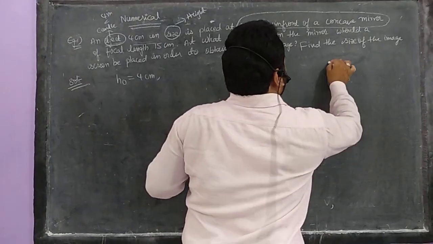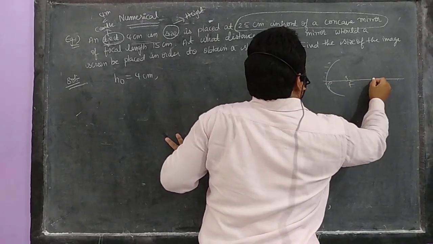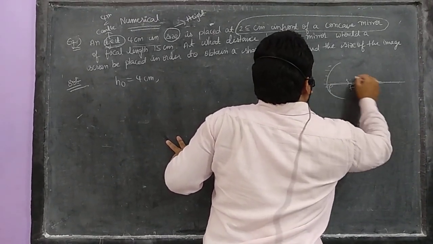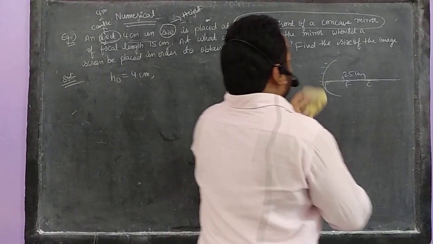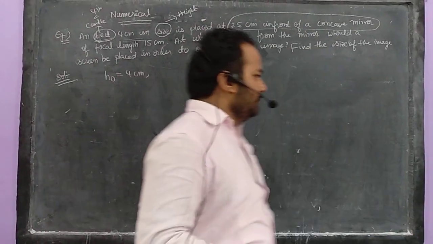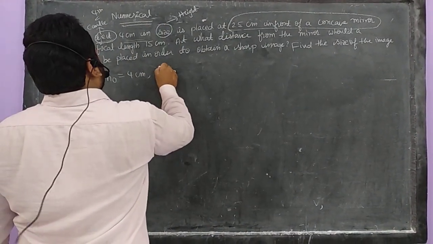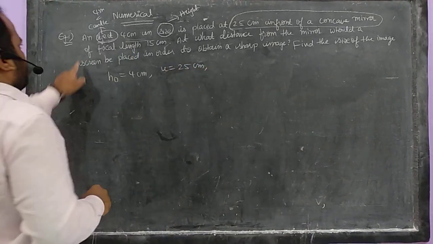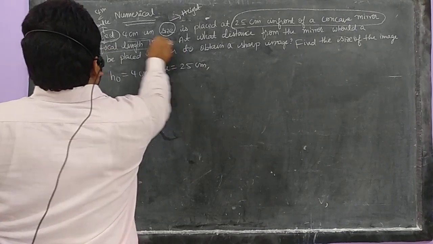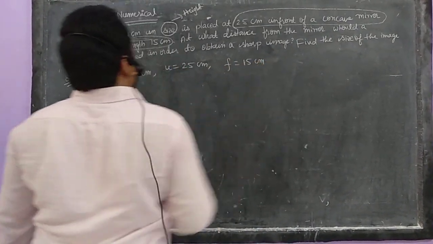So 4 centimeter is the height of the object, HO is equal to 4 centimeter. Placed at 25 centimeter in front of the mirror, so that is the object distance, U is equal to 25 centimeter. What is the focal length? Small f is equal to 15 centimeter.